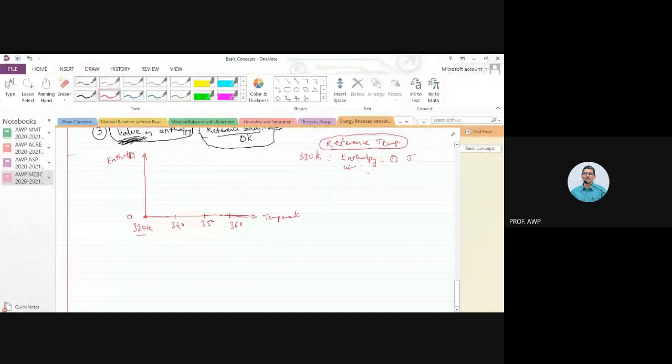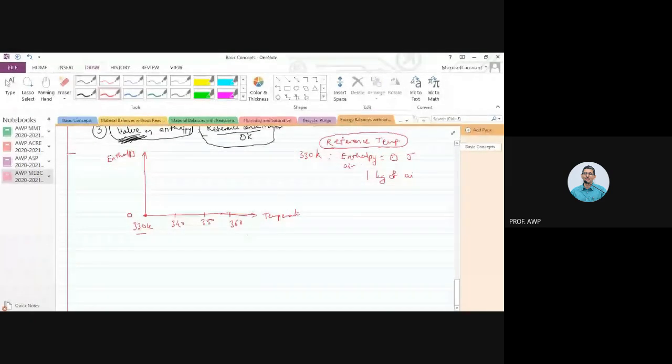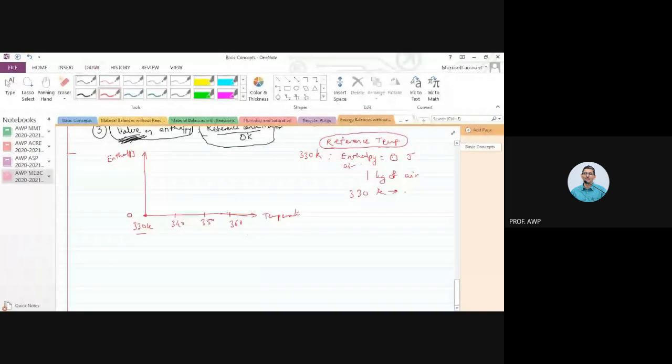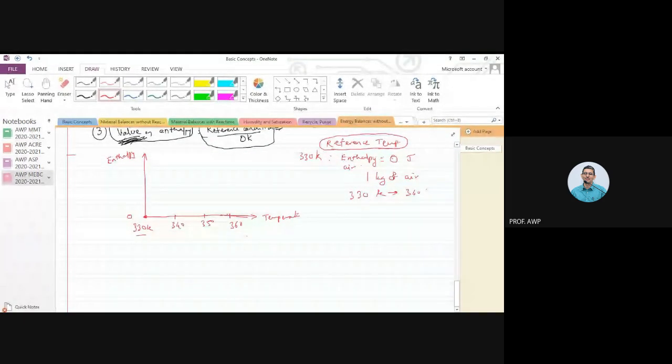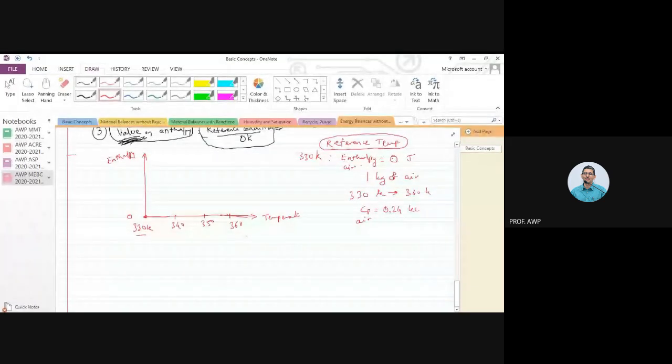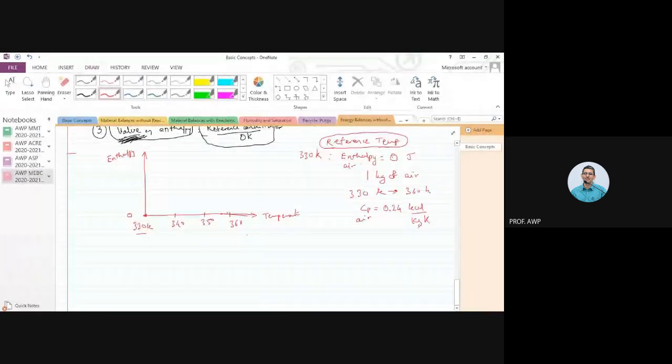So suppose I take 1 kg of air and I want to heat it from 330 Kelvin to 360 Kelvin. And let's say Cp of air is 0.24 kilocalories per kg Kelvin.